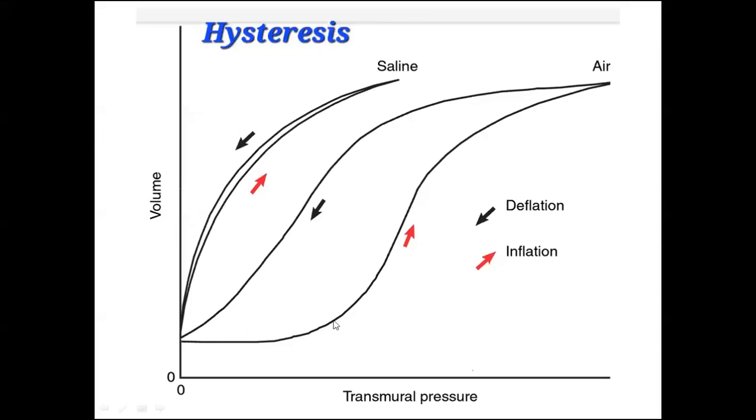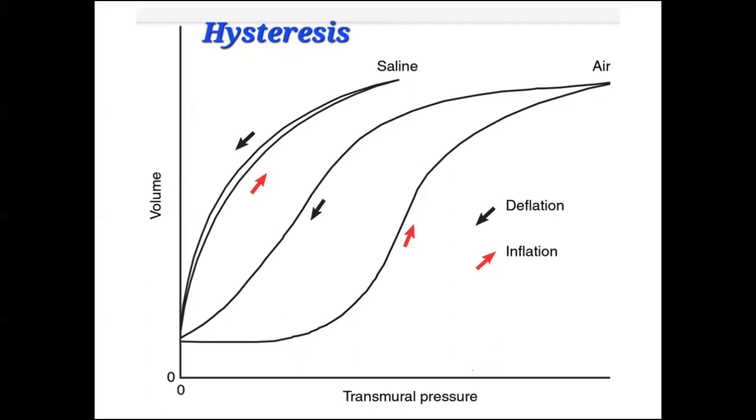Why is it there? Because of the surface tension. When alveoli are collapsed and have very little volume, the surface tension is very high. So you need more pressure to work against the surface tension. Once you have opened up the alveoli, then you need less pressure to distend them further.